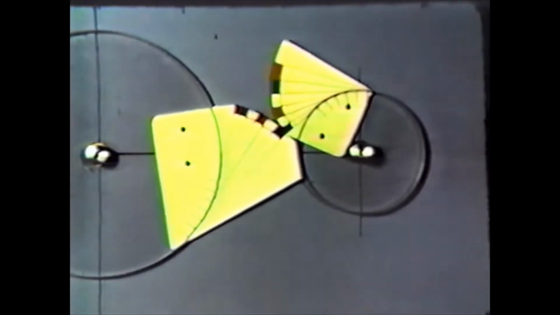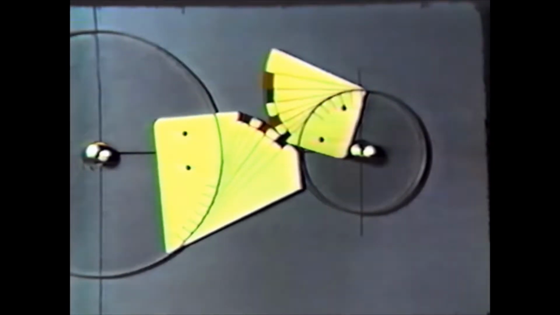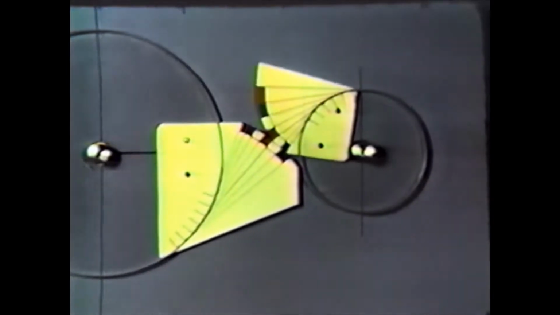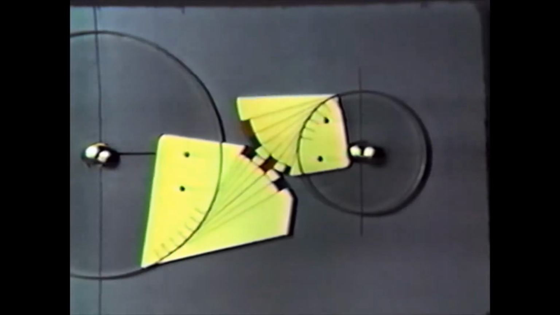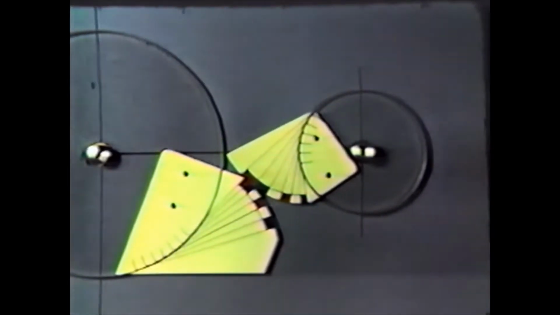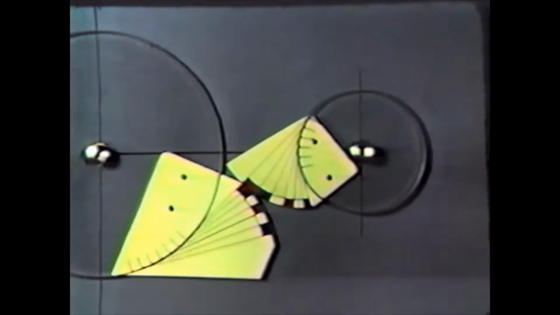A study of the action of mating involute profiles shows that they slide upon each other for their entire contact. Here, both base circles are divided into an equal number of spaces, and tangent lines are drawn from the division points to the involute profiles.